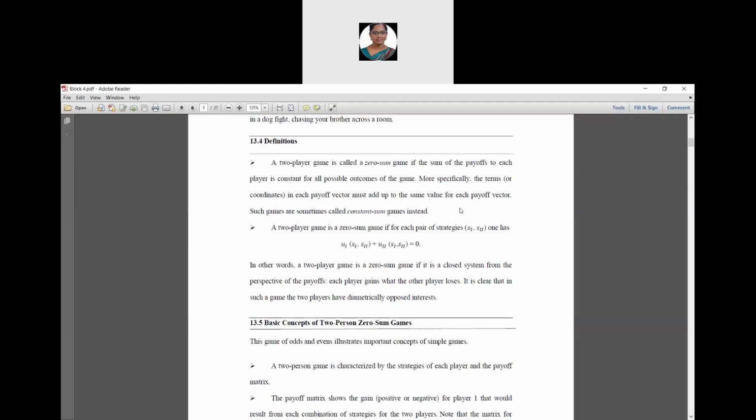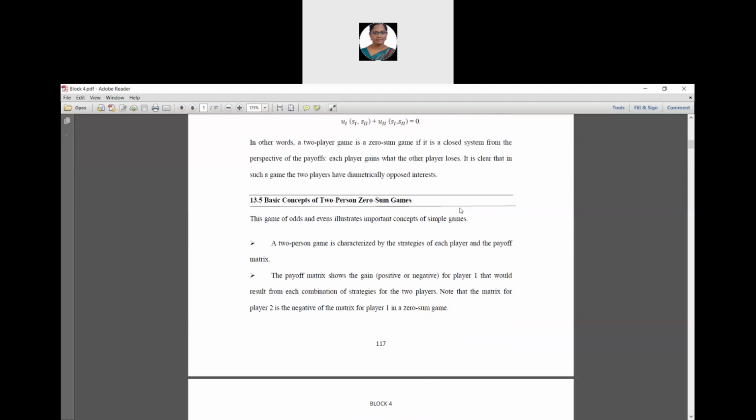In other words, a two-player game is a zero-sum game if it is a closed system from the perspective of the payoffs. Each player gains what the other player loses. It is clear that in such a game, the two players have diametrically opposed interests.